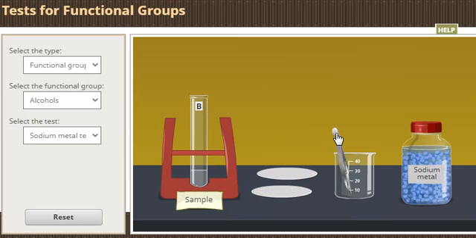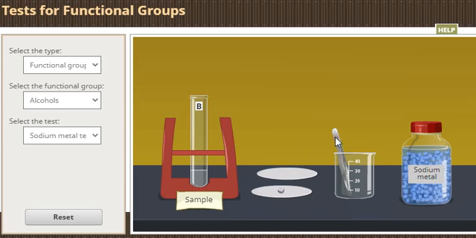Now take the forceps, take a piece of sodium metal and place it on the filter paper. Now we have two filter papers. Use this filter paper to absorb the moisture from the sodium metal.